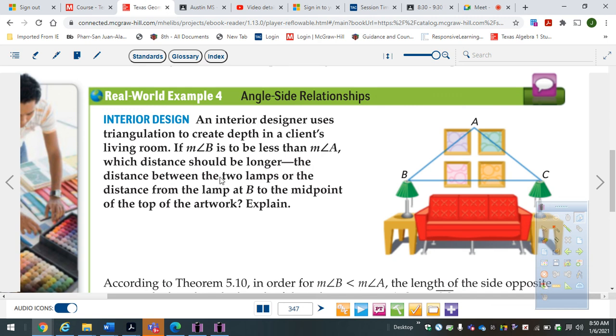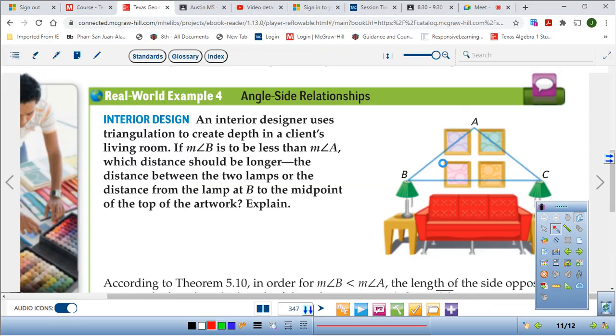The distance between the two lamps or the distance from the lamp to B? Okay, so this is between two lamps. Or the distance from the lamp at B to the midpoint of the top of the artwork. So the question is asking, should this length be longer? Or should this length be longer?